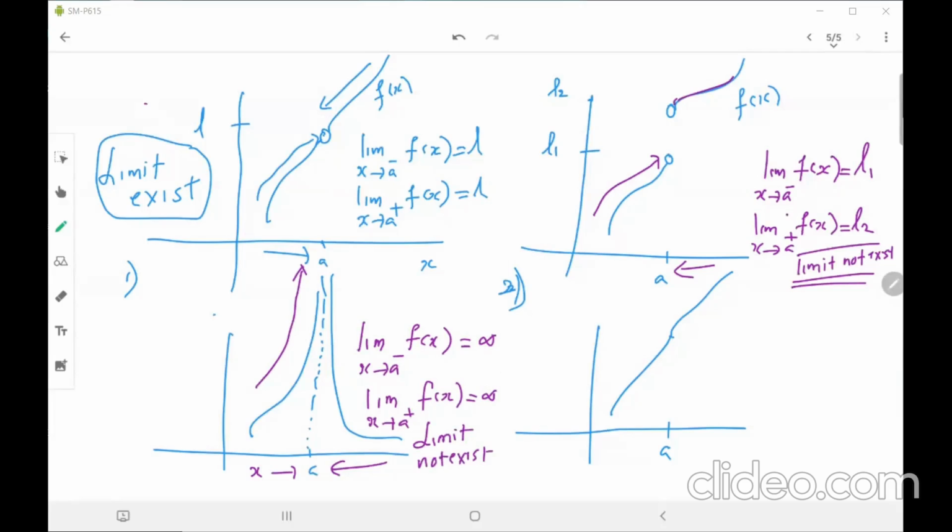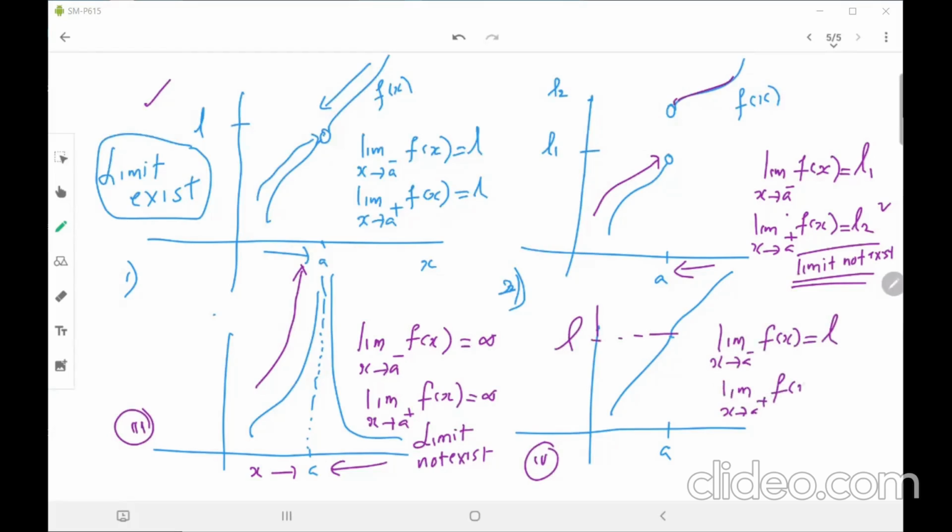So the first case, the limit exists. Second case, the limit does not exist. And the third case, the limit does not exist. Now what about the fourth case? Here, this is the point, say L. The limit as x tends to A minus of f of x, your value is equal to L. The limit as x tends to A plus of f of x, your value is equal to L. Both the values are the same.